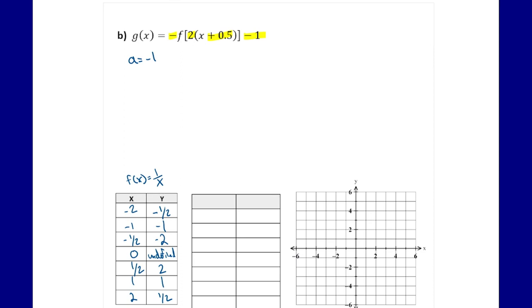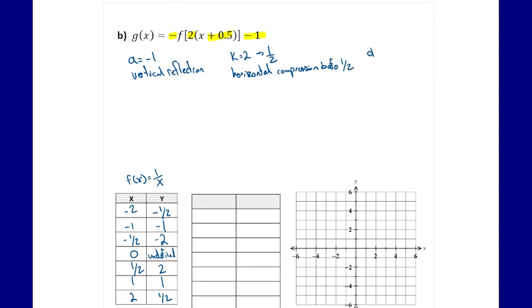A value of -1 tells me a vertical reflection. We have a k value of 2, which becomes 1 over 2. So this is a horizontal compression by a factor of 1 over 2.